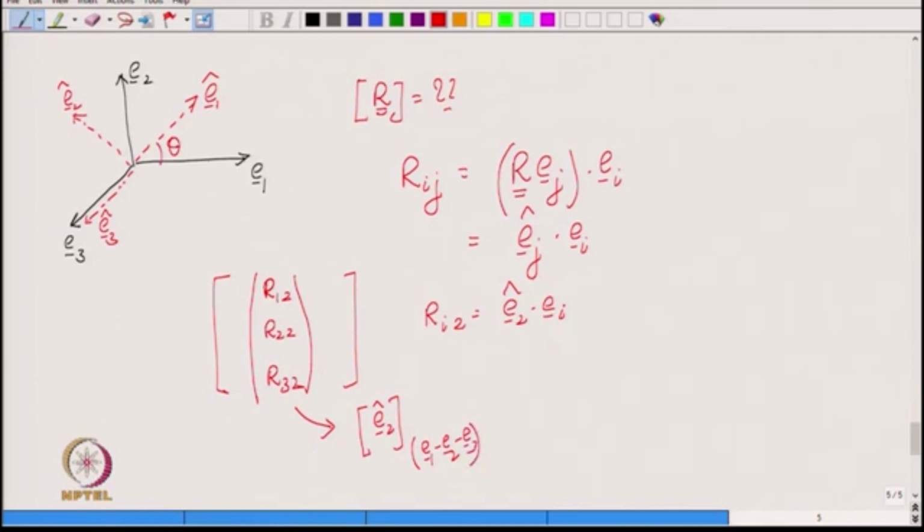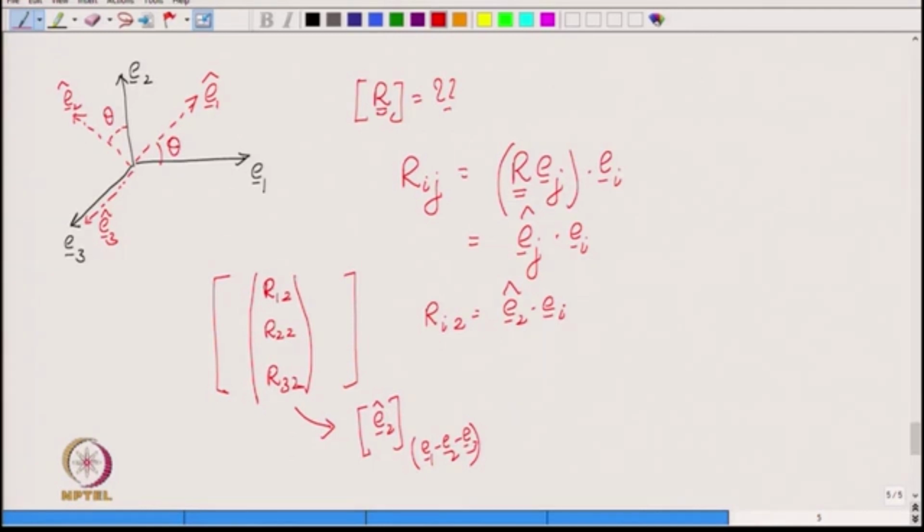So, for this example, can you guess what E 2 hat is? From the picture that you see, can you guess it? So, this angle is also theta. So, when you say E 2 hat dot E 2, you get cos theta. When you say E 2 hat dot E 1, you get minus sin theta, right. It goes in the backward direction.